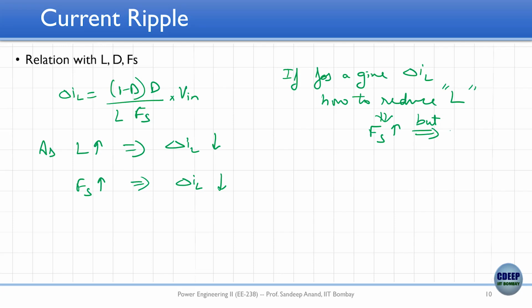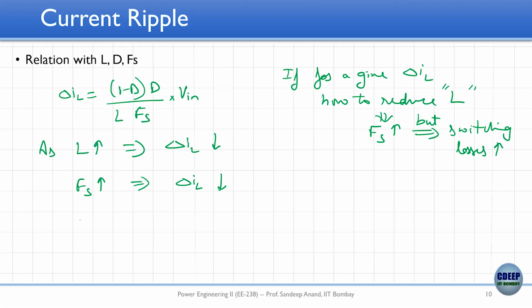We have not gone into exactly what is switching loss, which we will probably do a little bit later, but the switching losses become more. So it's basically a trade-off. But yes, ideally, given an option, I would like to keep my switching frequencies as high as possible. Sometime later, if time allows in this course, otherwise in some advanced course, you would learn what are the different types of losses and why they occur.